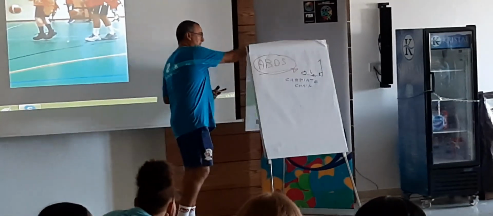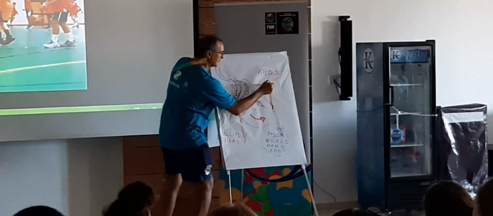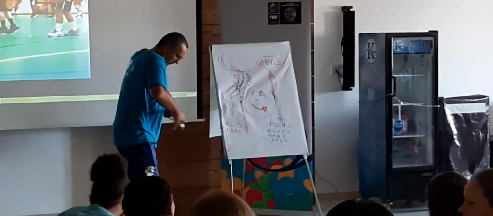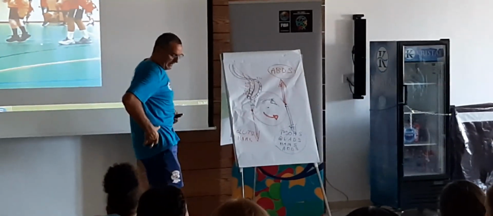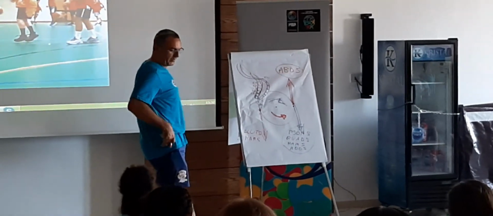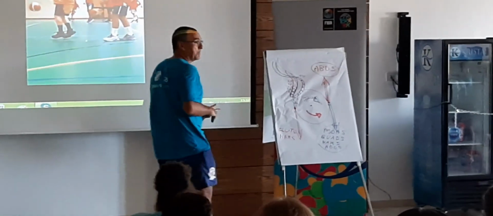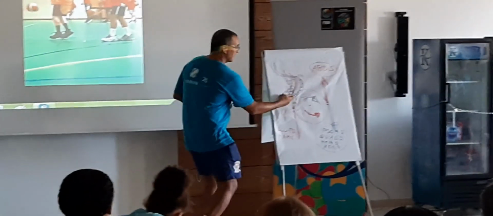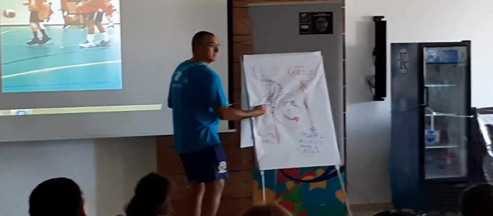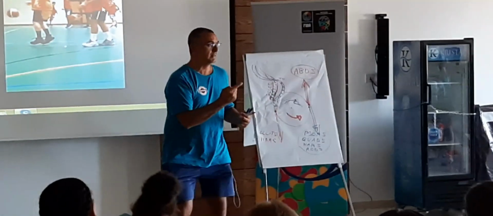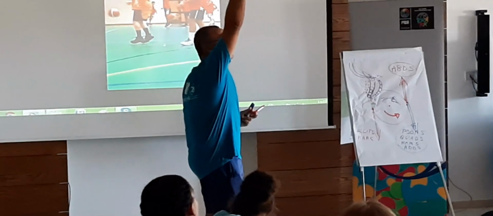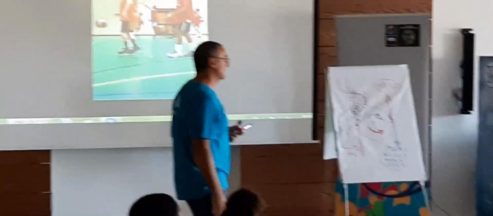Because abs are the strength that pulls up the pelvis, and the stronger you are in the abs, the more the pelvis is drawn up, going into retroversion. And the lower spine is now not hyperlordosis, but in neutral position. So every time you shoot, you have to know that the abdominals have to be active.